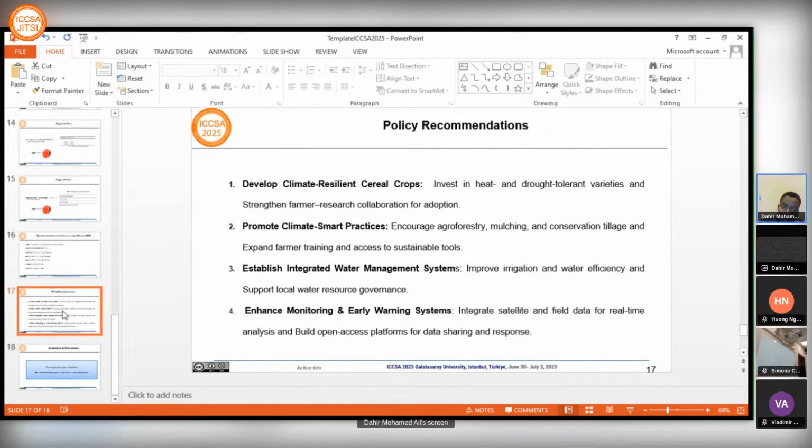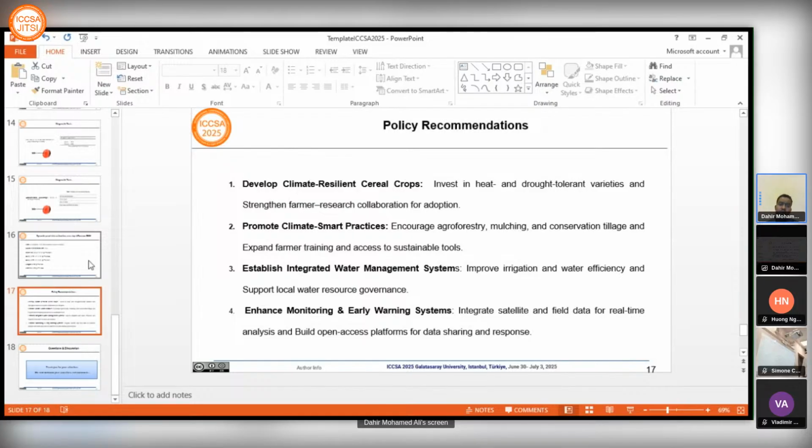Second, we promote climate-smart practices by encouraging agroforestry, expanding farmer training and access to sustainable tools. Third, we need to establish an integrated water management system, improving irrigation and water efficiency, and supporting local water resource governance.